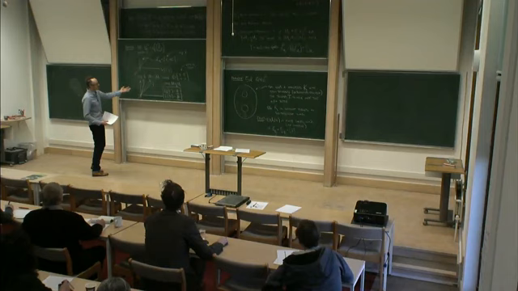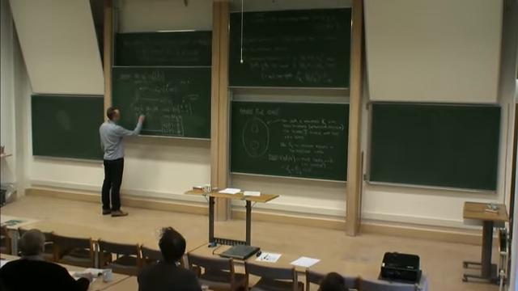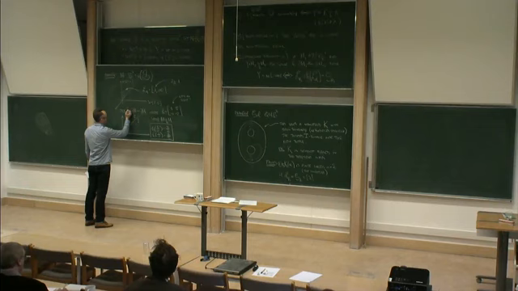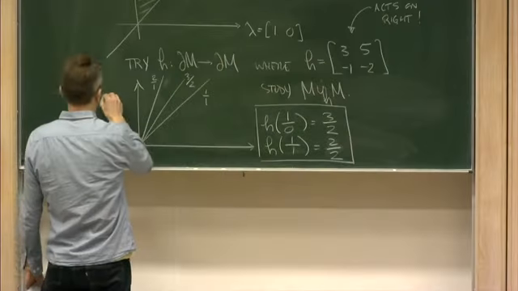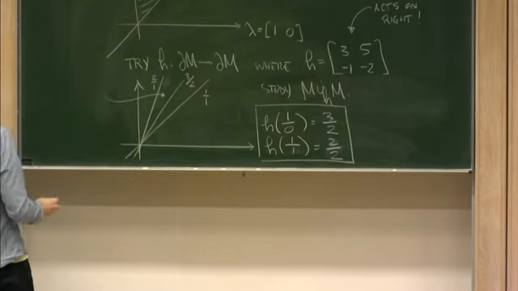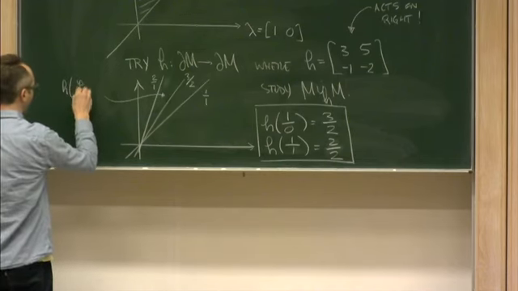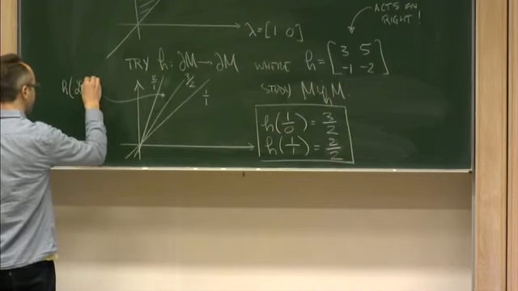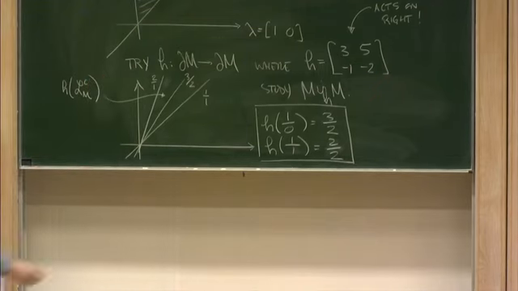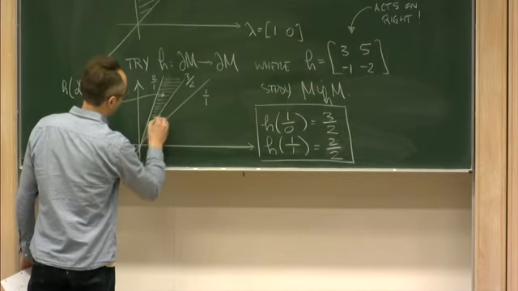Here it becomes more and more difficult, and the reason is that, though I won't shade other things in, here is the image of H of L of M. Well, it's the complement. L of M is sitting in this little wedge here.